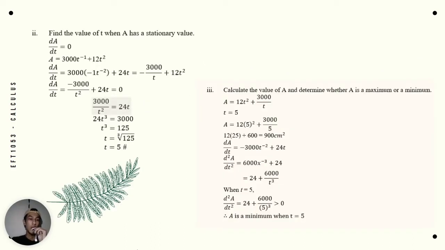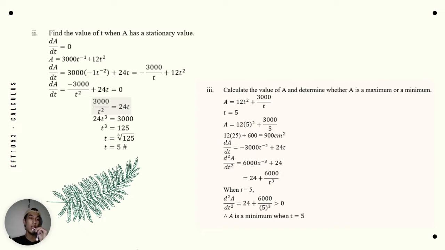For the second question, we need to find the value of t when A has a stationary value. So dA over dt equals 0. A equals 3000 t to the power of negative 1 plus 12t².